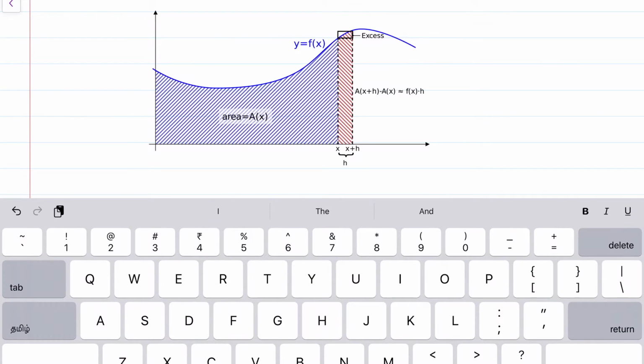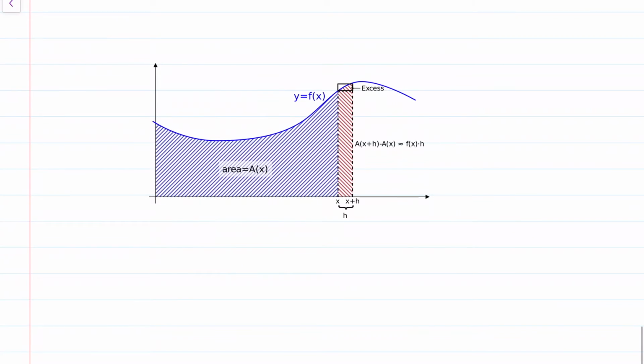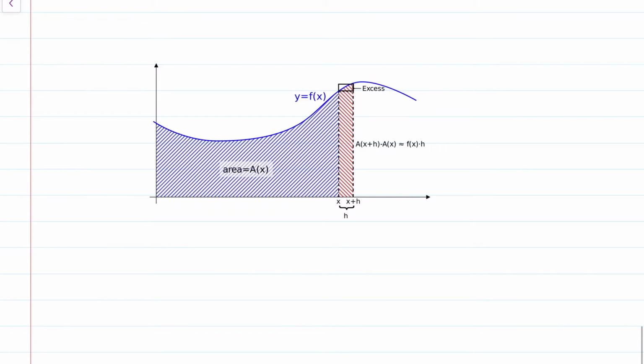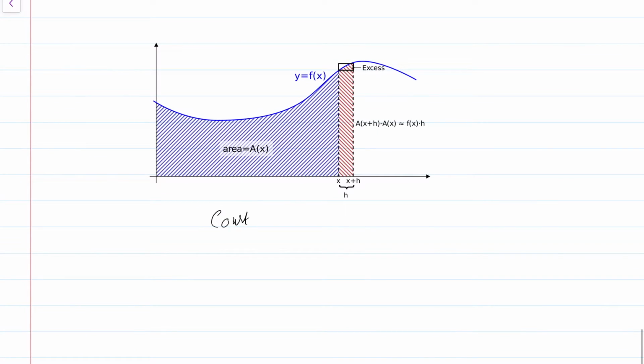Now let's try to geometrically interpret what this is trying to say. I'm going to borrow this figure from Wikipedia, courtesy Wikipedia. Let's try to see what it's trying to say.